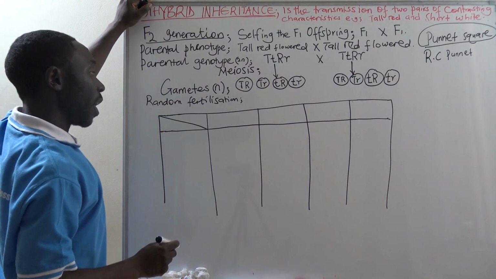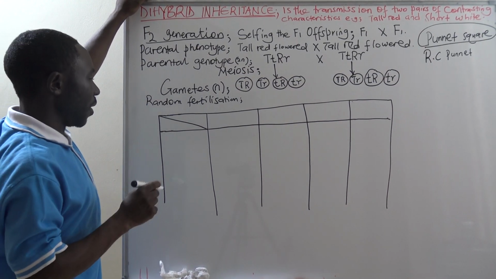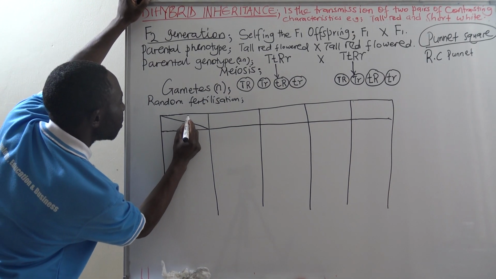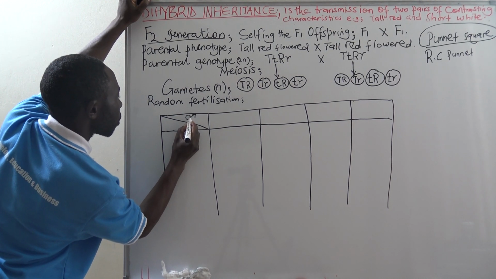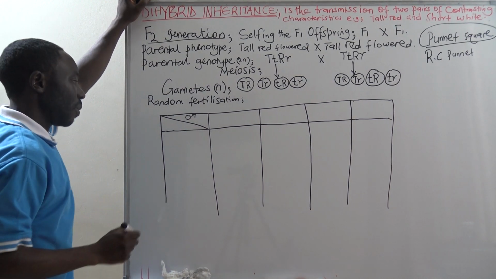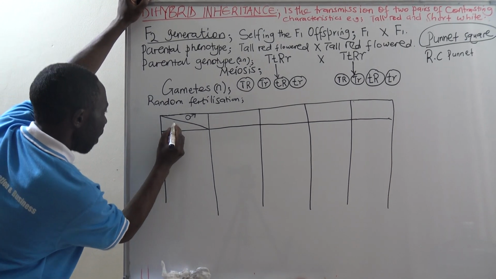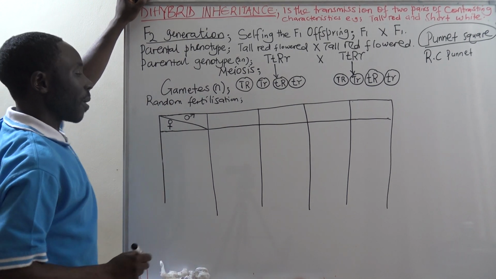In the vertical squares, we normally write the male gametes, and the male gametes are represented using this symbol. Wherever you see that in genetic studies, it means male gametes. Then this symbol here means female gametes.